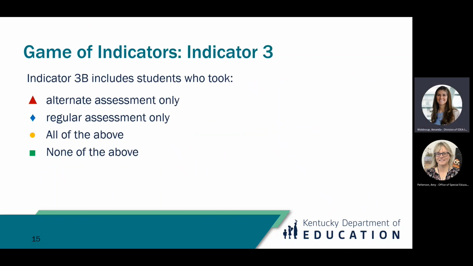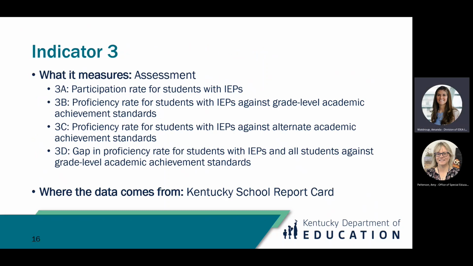Indicator 3B includes students who took alternate assessment only, regular assessment only, all of the above, none of the above. And so the answer for this one is regular assessment only. And so you can see for indicator 3 what it measures.